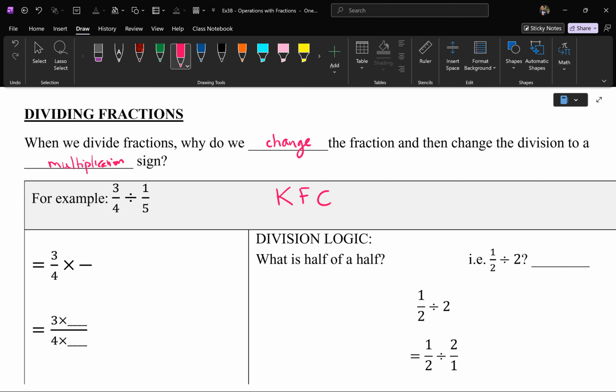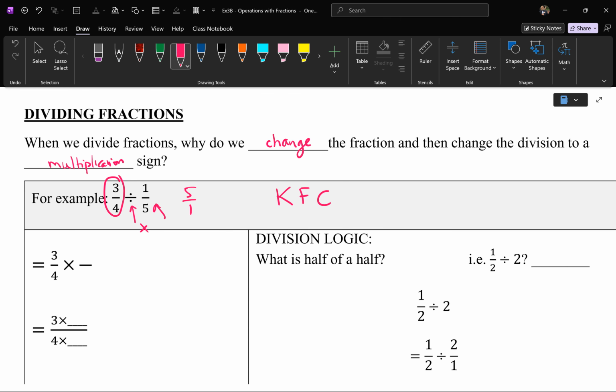If you remember, K was keep the first fraction, flip the second fraction, and then change the symbol. So keep the first one as 3/4, flip the second one so it becomes 5 on 1, and then C, change the division sign to a multiplication sign. So that's a memorizing process for you to go through. There's a real reason why we do that.